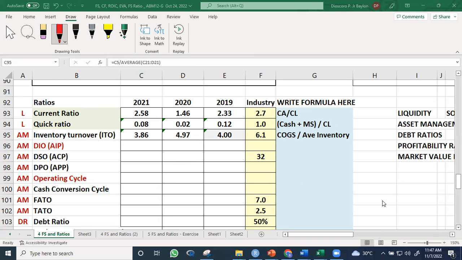Do you agree that as far as the inventory turnover is concerned, the bigger the value, the better? All things being equal, between two companies, parehong size nila, etc. Yung company na mas mabilis, mas malaki na inventory turnover is performing better than the other company.